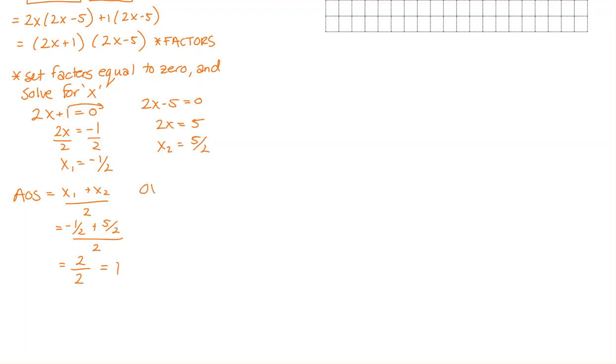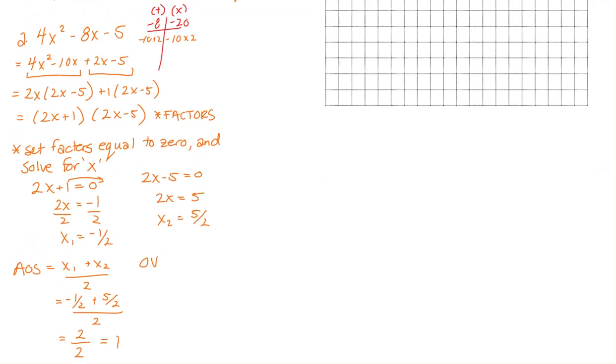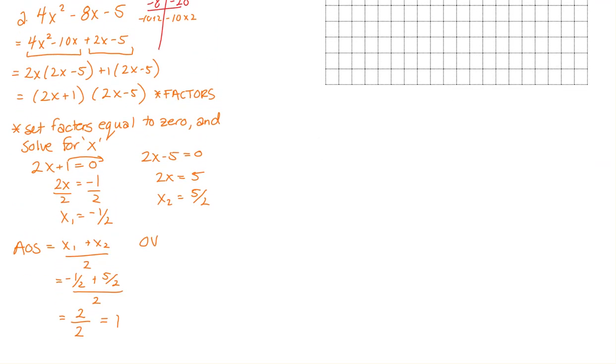We need to find our optimal value now, or the second half of our vertex. In order to do that, we need to plug our axis of symmetry that we just got back into our original equation. Okay, that's a value of x. If we plug it in for x, we can solve what y would equal.